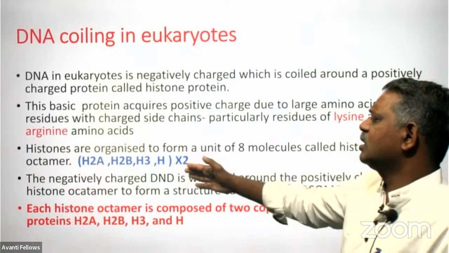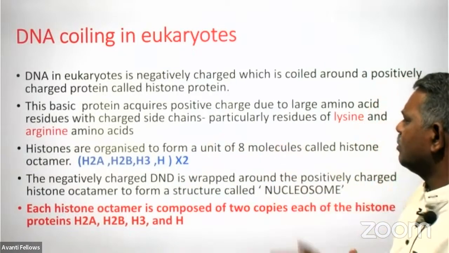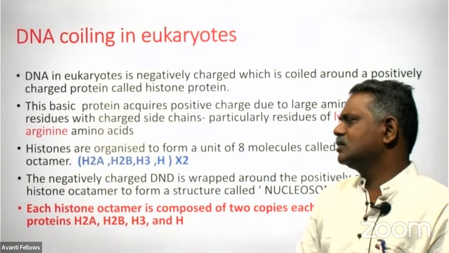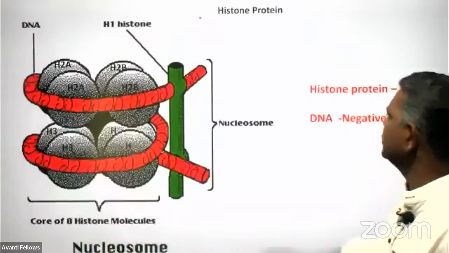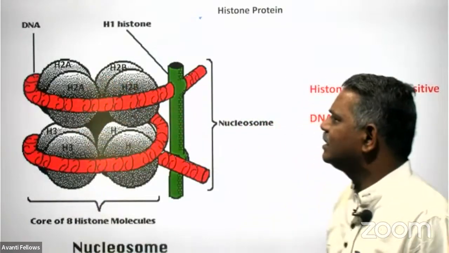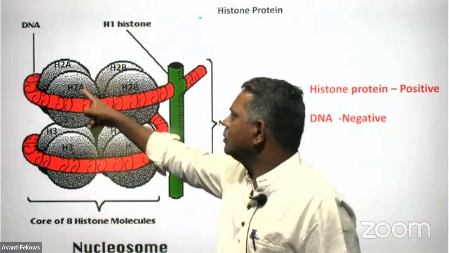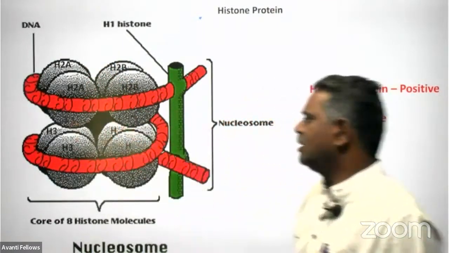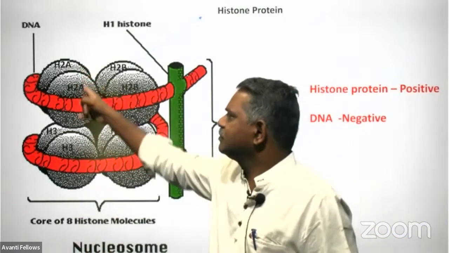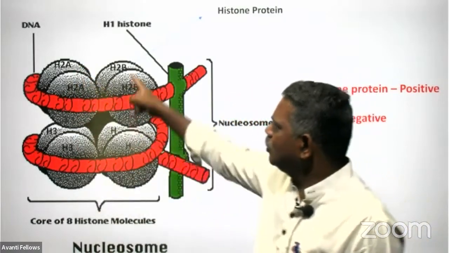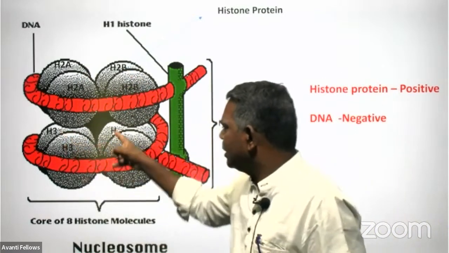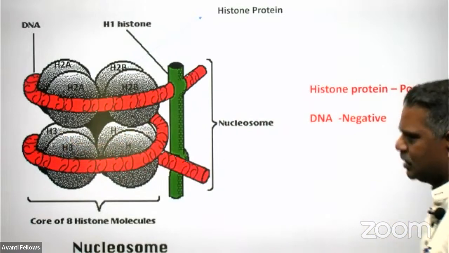And histone proteins are organized to form a unit of 8 molecules. That we call the histone octamer. You can see the structure. This is the histone protein. There are 8 units: 1, 2, 3, 4, 5, 6, 7, 8 units. Two H2A units, two H2B units, two H3 units, and two H4 units.